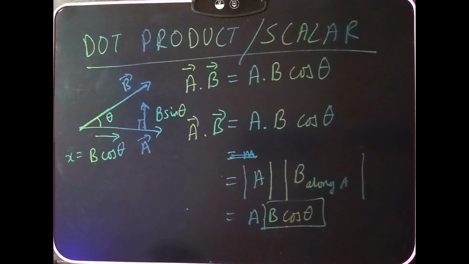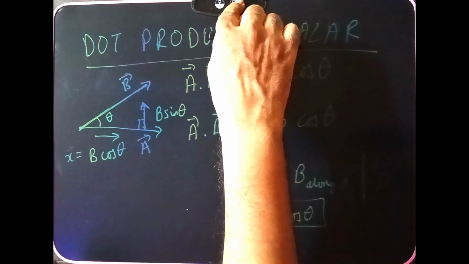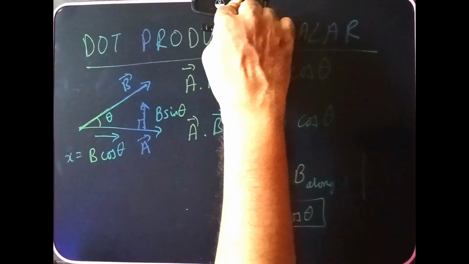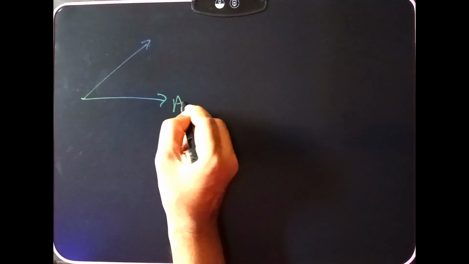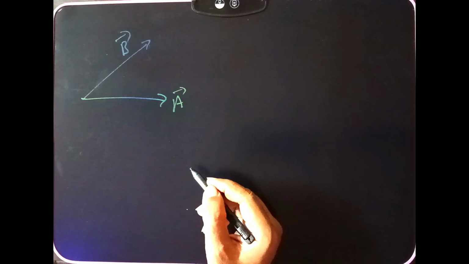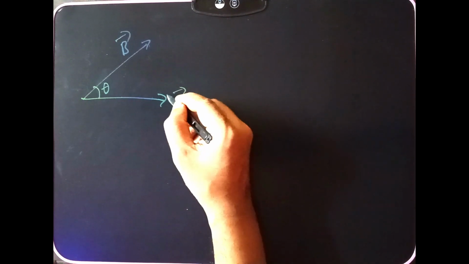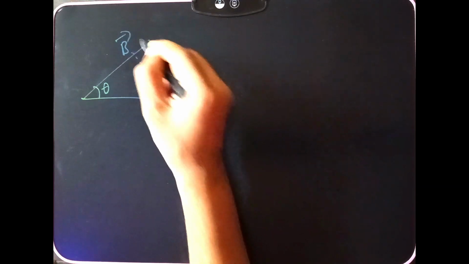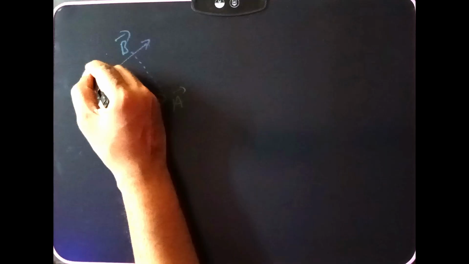Let us consider the other way. Let us consider the projection of A now on B. Let me clear this. We had two vectors like this, and we had A here, we had B here, right? Now we want to consider the projection of A. Projection of A on B will be A cos theta.